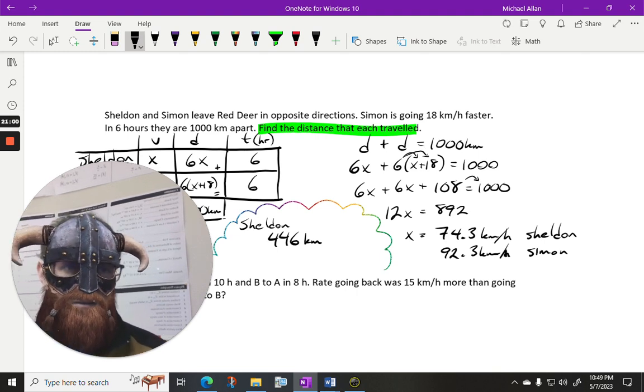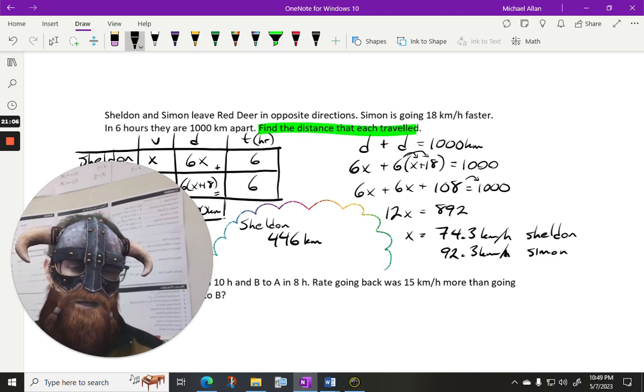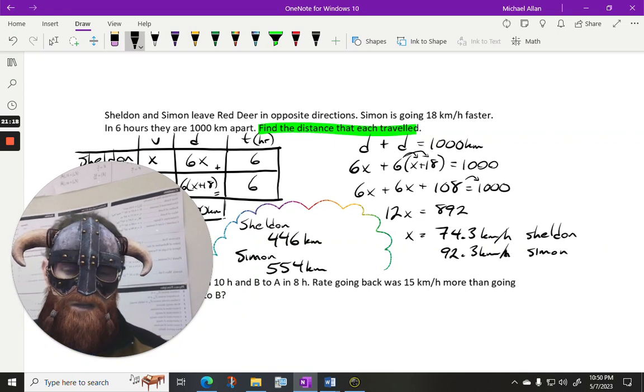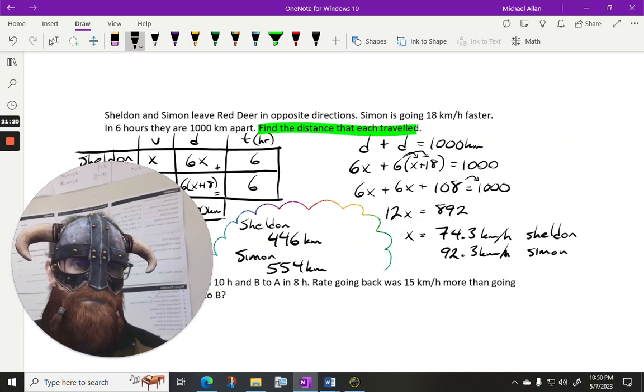And I can use the 1,000 logic to find it, or I could just use his speed. So I'll take the 92 there and times it by 6. So I get Simon, who's going a little bit faster, is going to go 554 kilometers. Now, if I did add those together, look at that.